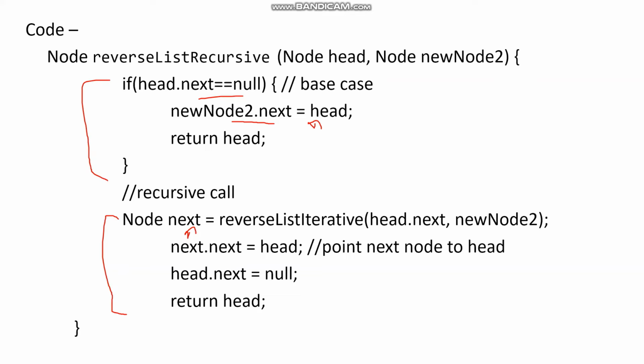Here this is the next node, and head is the current node, so we are pointing next node to head, and head's next we are pointing to null, and then we are returning the new head. We will keep doing that recursively till we reach the start of the linked list, and at the end our new head will be the new node.